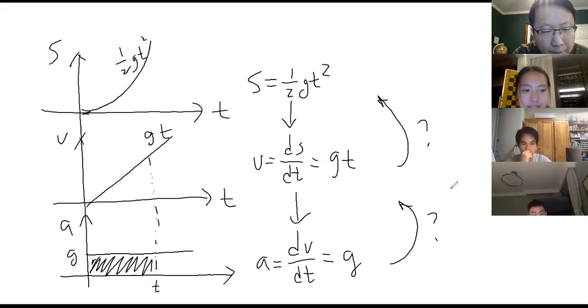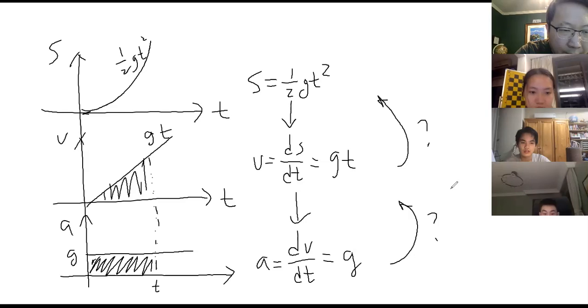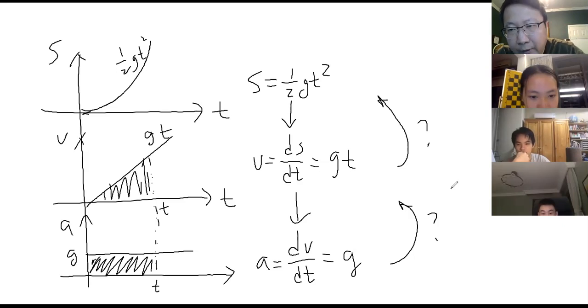It's literally just gt. If you calculate this area, it gives you gt, correct? And if you calculate this area, it gives you 1/2 of gt squared. So the reverse way is like doing some kind of area integration and going back. That's called the integral.